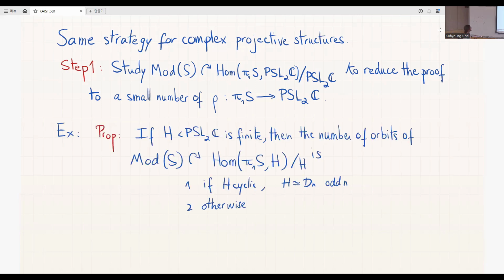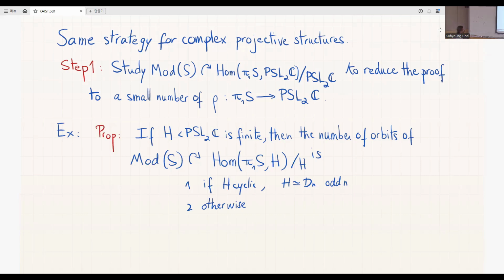So for example, a particular case of what you want to prove is the action of the mapping class group on elementary representations, the most elementary possible, the ones that have finite image. Here we can completely classify the orbits.